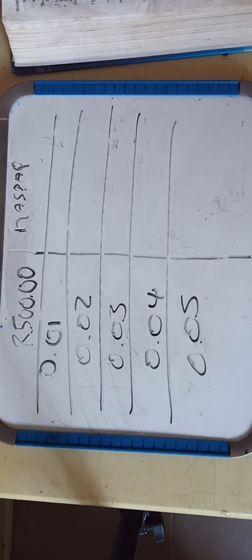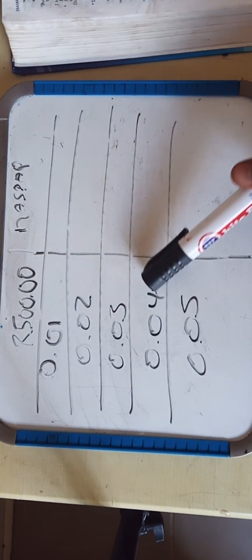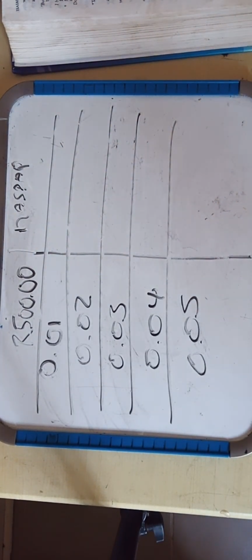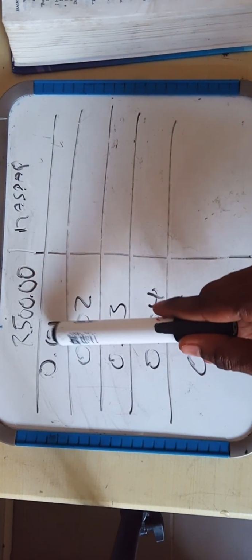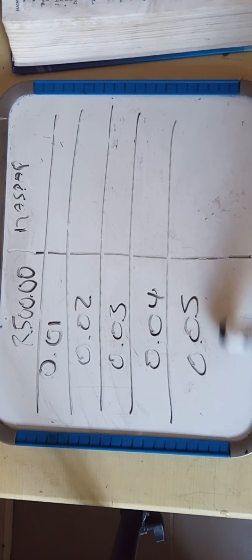Now, what is the difference between these traders? The difference is that all of them have the same account, but they are using different lot sizes. So the return or the reward that comes with the lot size is not the same. You can't expect a trader who is trading 0.01 lot size to make the same amount of money as the one who's trading 0.05.